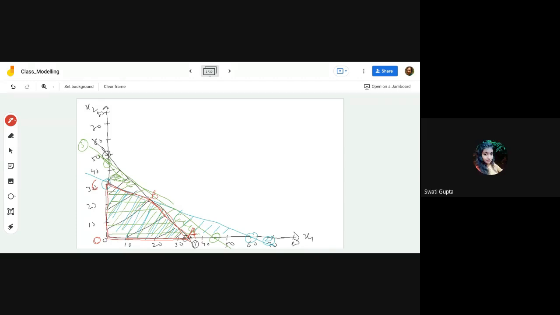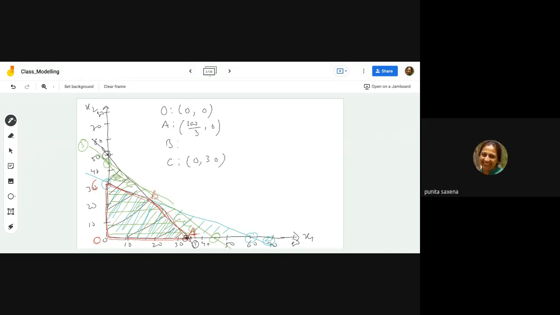Now we'll write the coordinates for the points. What is the coordinate for O? That is (0, 0). What is the coordinate for A? This point is (100/3, 0). And the coordinate for C is (0, 30).